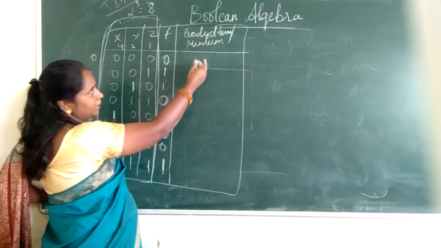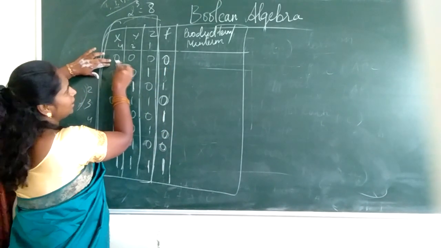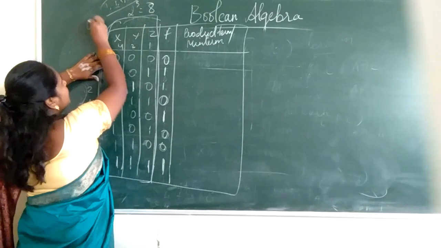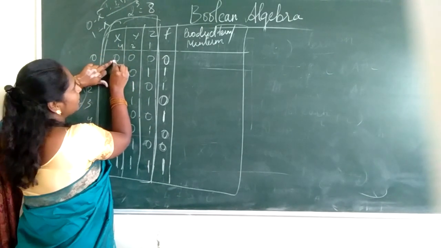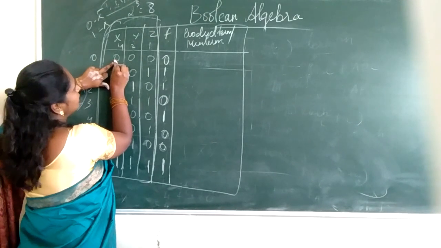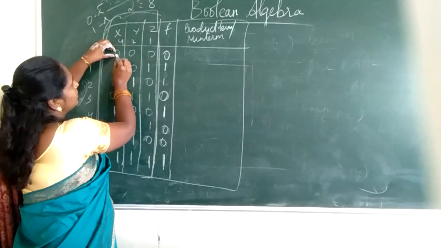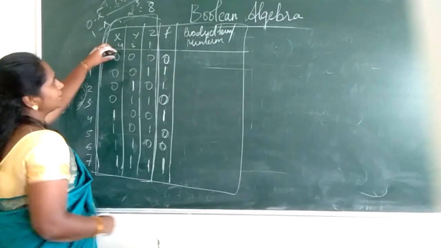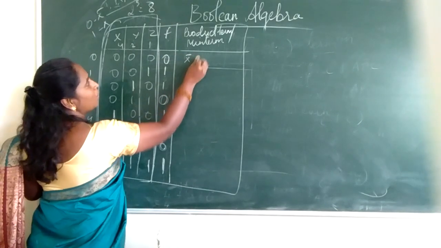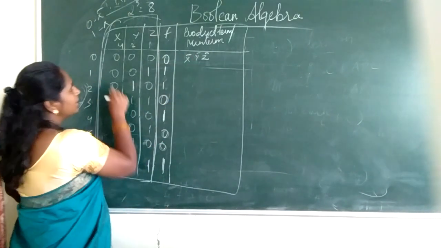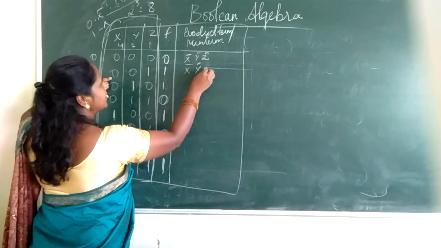Next, your product term, that is nothing but your literals, you are going to write. I have already told you, if it is 0 it is with bar, if it is 1 it is without bar. For this second example, the product terms are: x bar, y bar, z bar. Next x bar, y bar, z.